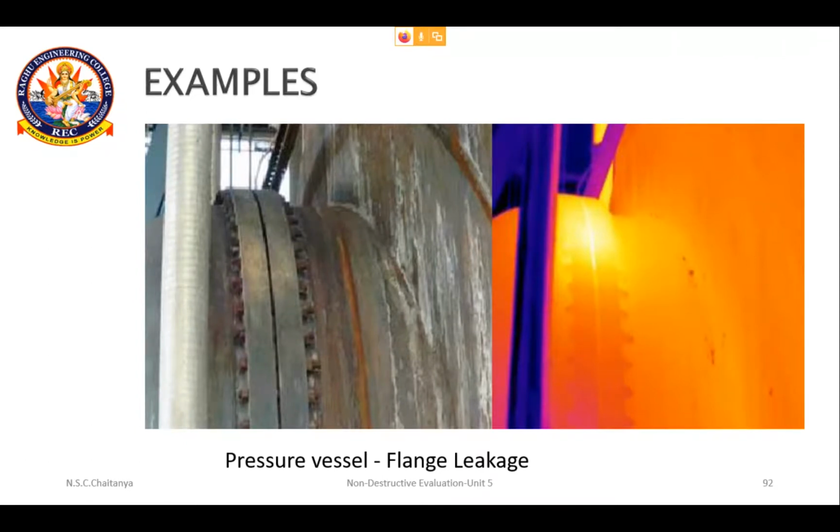Without undergoing any difficulties of your penetrant test, that is, the surface need not be cleaned, no processing needs to be done, no developer needs to be applied, just by clicking the image you can identify. That is one advantage with your thermographic tests. Just by clicking an image you can easily identify the leakage. As you can see, in comparison to your left and your right, you can see the leakage here in the flange. The red color one that is there, that is your leakage.